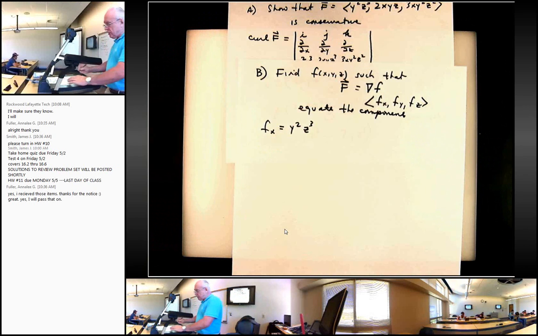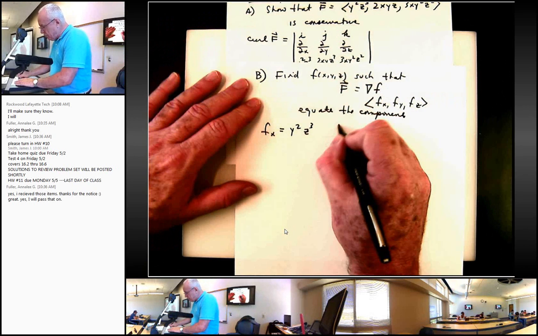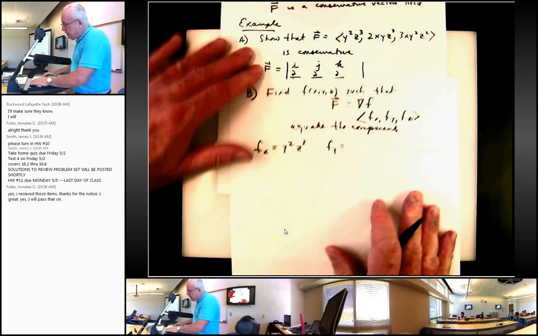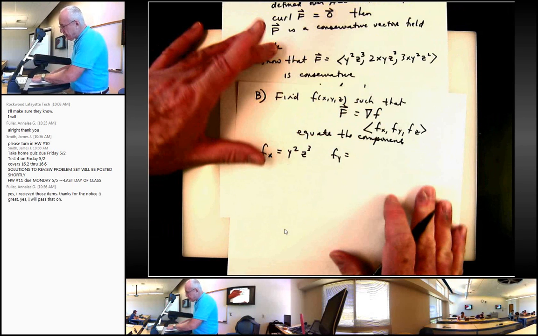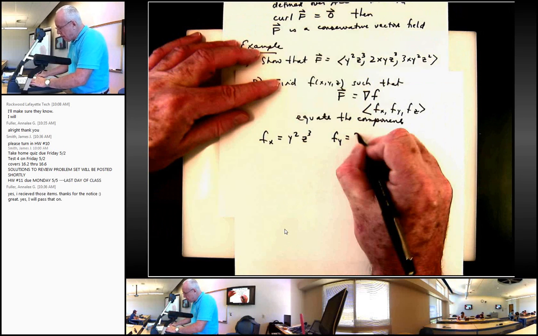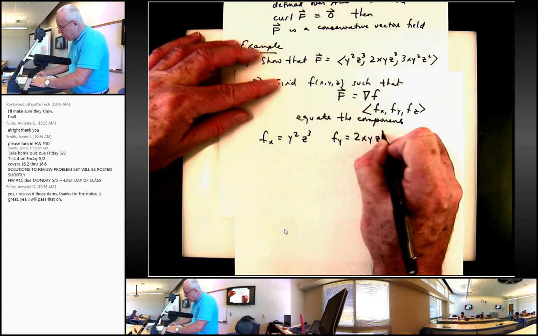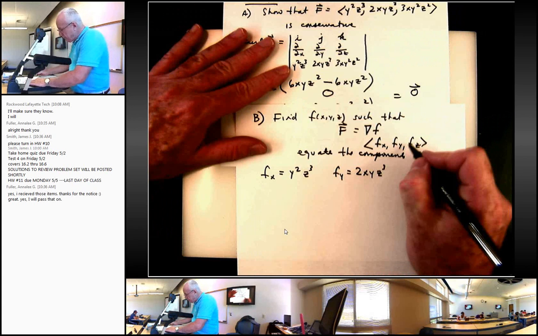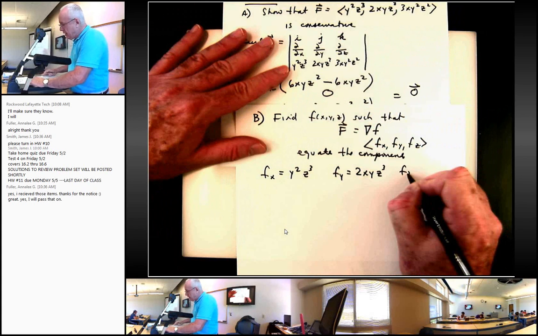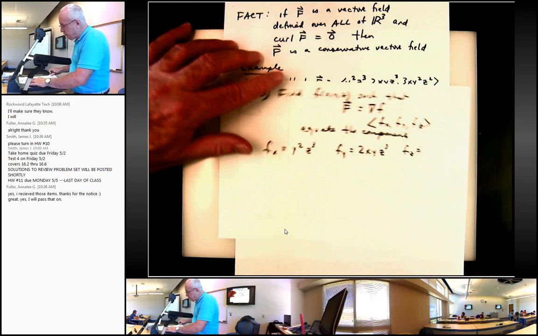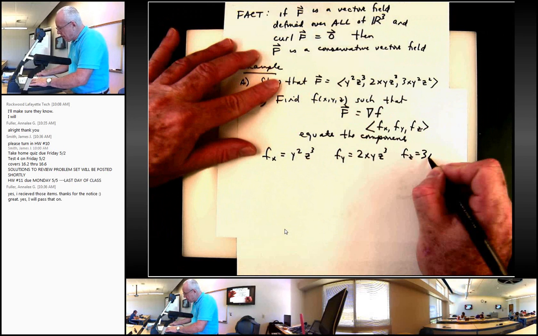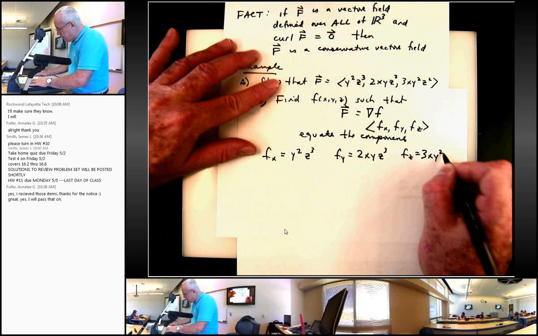And let's match up the rest of them. My second component, fy, has got to be equal to my second component here, 2xy z to the third. And my third component, fz, has to equal the third component, which is 3xy squared z squared.